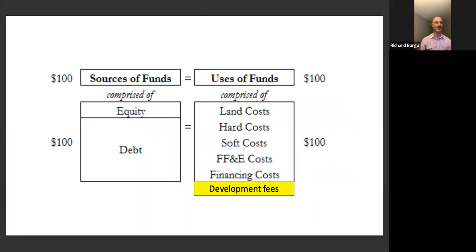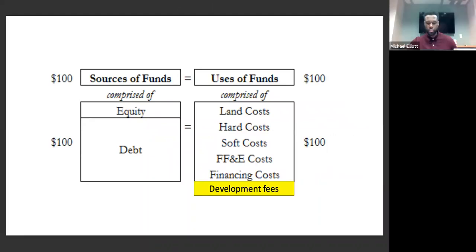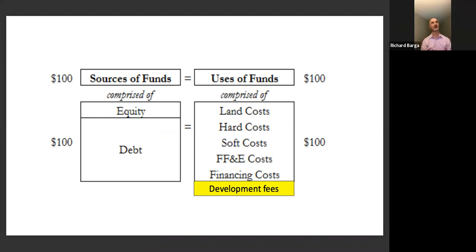All right, lastly, in terms of ways that real estate developers make money, we've been talking about cash flows and everything using debt. The last thing is that, in certain instances, you can take a development fee off of putting together a real estate deal for somebody else.